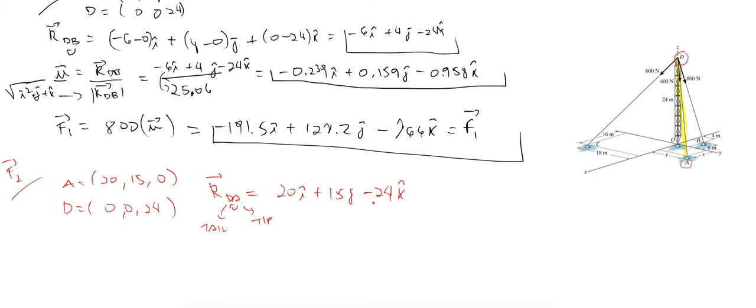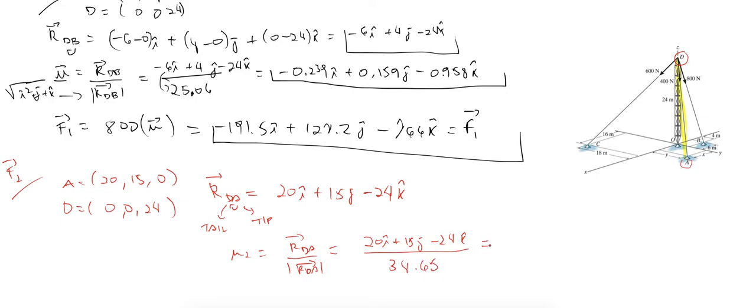Once we get that, I'll call it unit vector 2, RDA divided by the magnitude of RDA. Then we get 20I plus 15J minus 24K divided by that magnitude, which I calculated on my calculator, which is the square root of 20 squared plus 15 squared plus minus 24 squared, which gives us 34.65.